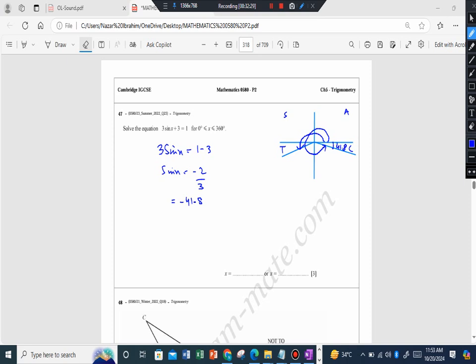So the first angle is 221.8. And for the second angle, the whole four quadrants sum up to 360, minus this part, I'll get my angle. So 360 minus 41.8 is 318.2. So 318.2 is the second angle. Clear?